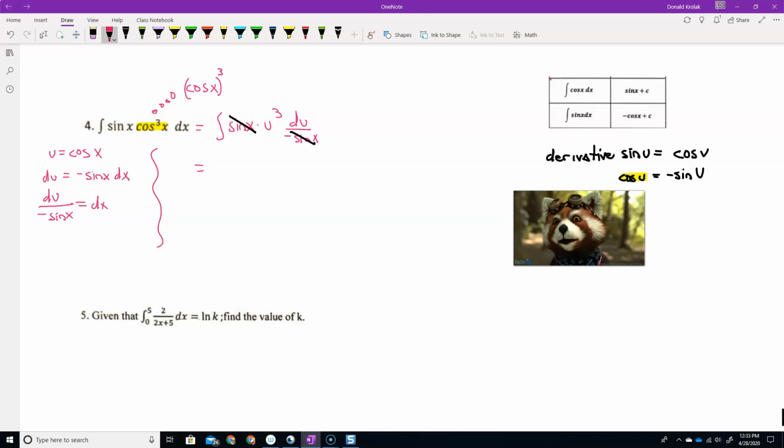That's a constant, I can pull that out front. Substitute back in my value. And there is my antiderivative.